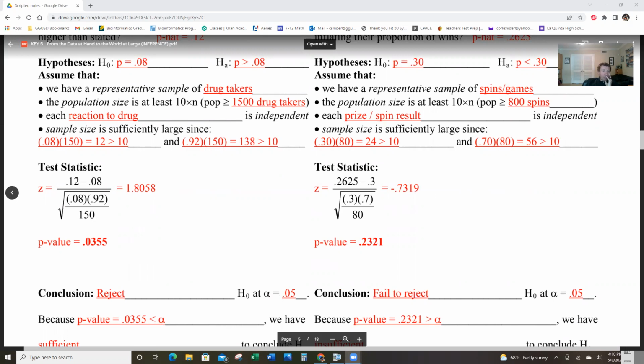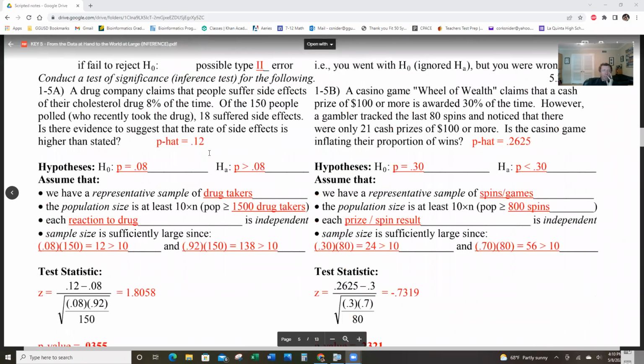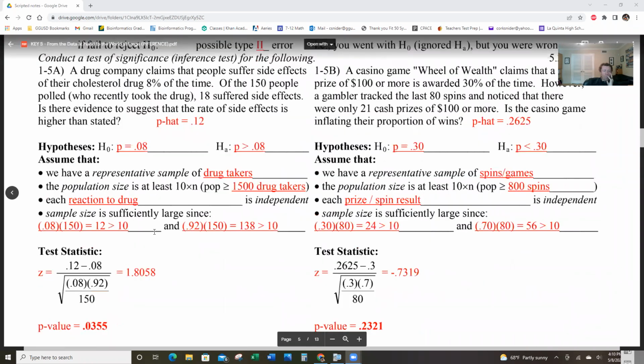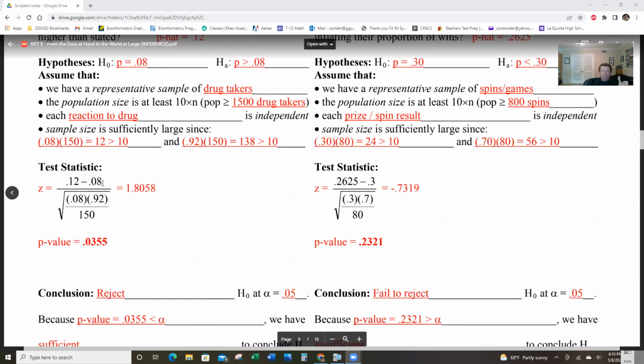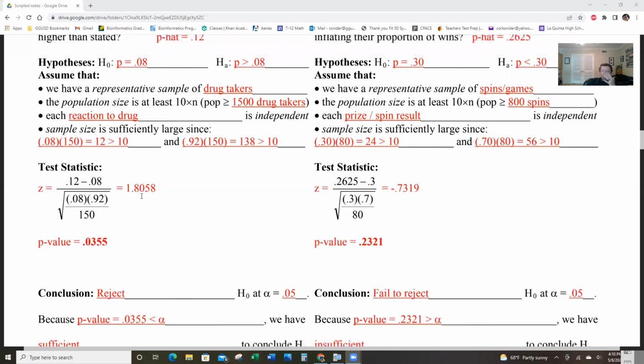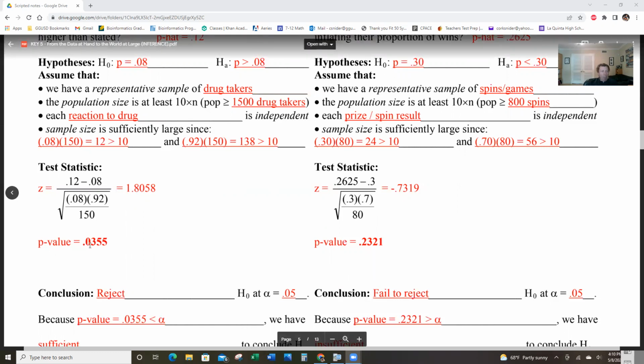By the way, where did I get 12%? 12% is 18 divided by 150, way back up here. 18 divided by 150 is 12%. So 12% minus 8% divided by the standard deviation, which is right here. So our Z-score is 1.8. Is that unusual? Not really, because remember, unusual is about 3 standard deviations away. So that p-value comes out 0.0355.